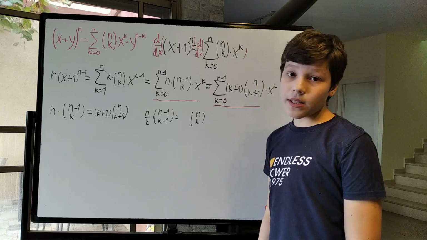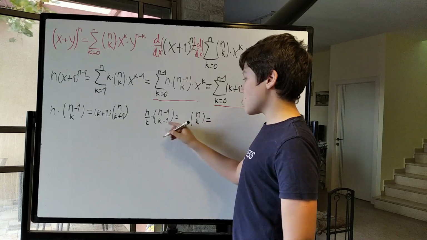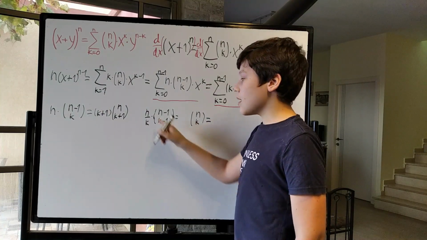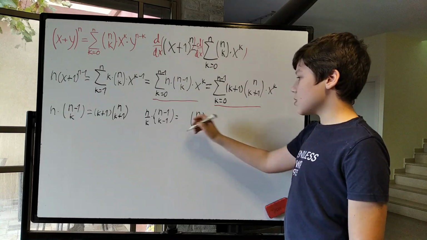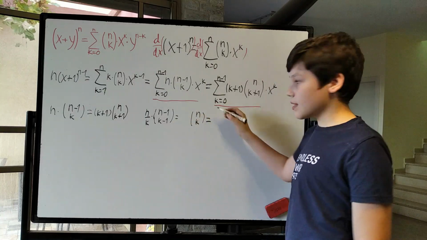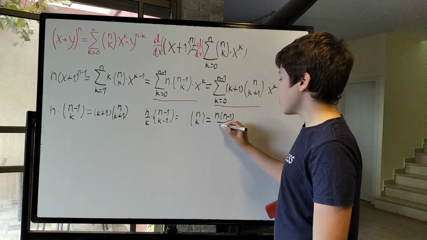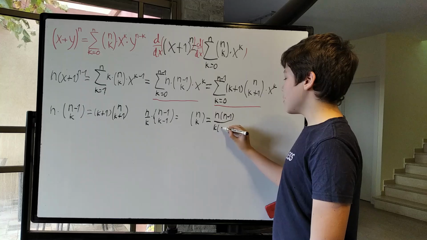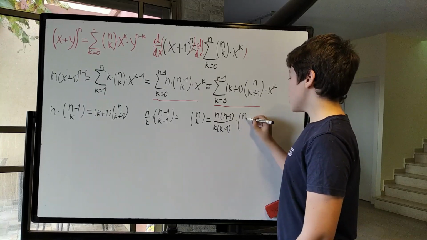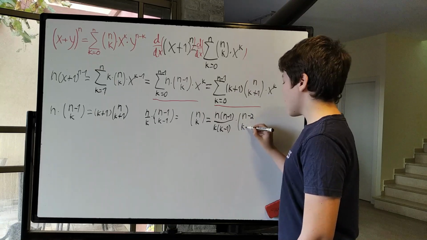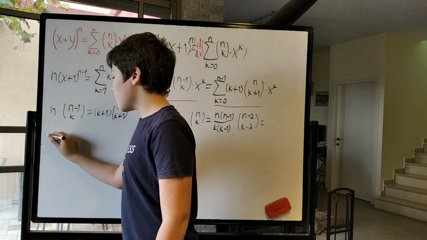Well, by this property, we know that n minus 1 choose k minus 1 is n minus 1 over k minus 1 times n minus 2 choose k minus 2. So, like this, we'll get that n choose k is n times n minus 1 over k times k minus 1 times n minus 2 choose k minus 2. But why stop here?